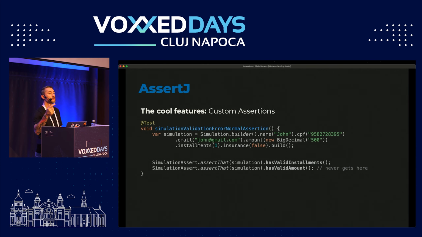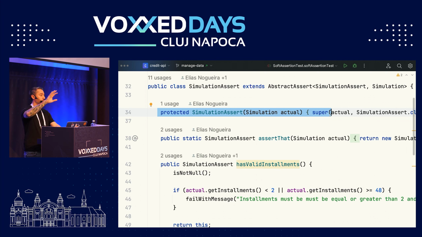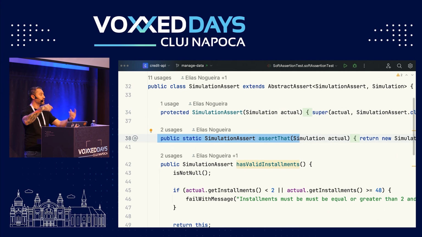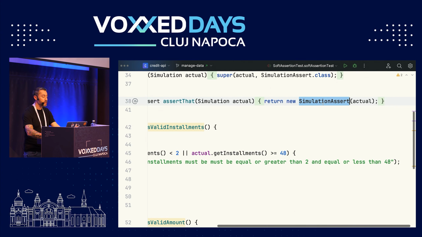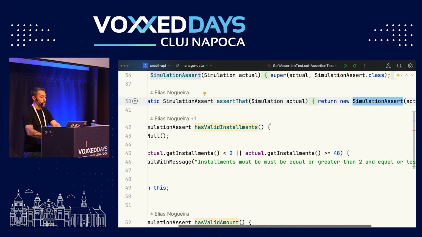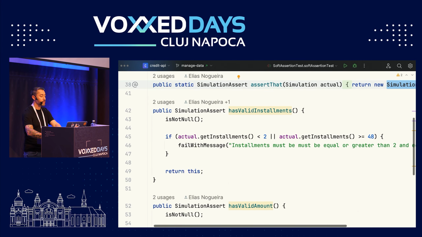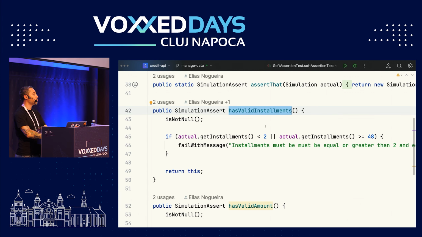I need to add the constructor for it. That is a normal thing in the documentation: they tell you to create a constructor and implement the assertThat as well, because the assertThat will be from your class, not from native AssertJ, where I'm returning this same class. But my rule is now here, hasValidInstallments.